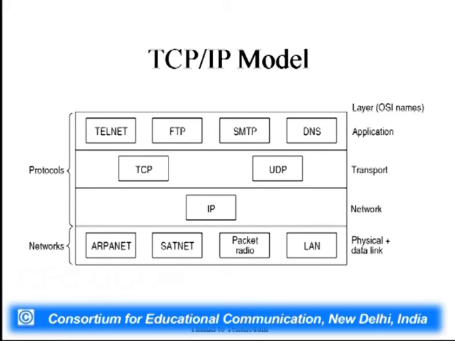Now, the important point: what you call an internet layer is part of your TCP/IP, and in the internet layer you have the IP, the internet protocol. One of the protocols designed for the internet layer in TCP/IP is called internet protocol. Therefore, you need an interface between this internet layer and the physical and data link layer, which have ARPANET, SATNet and so on.